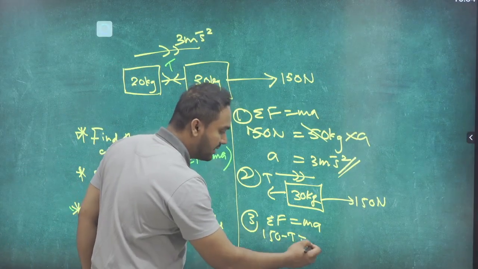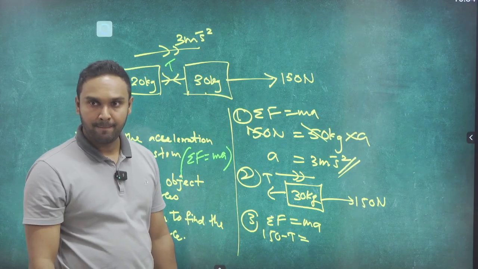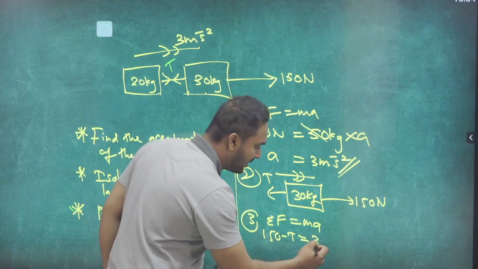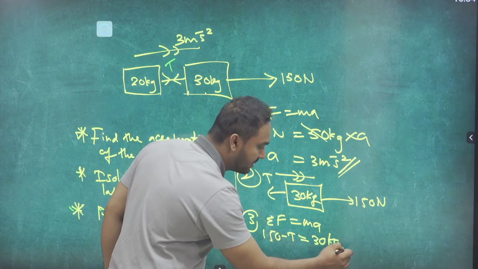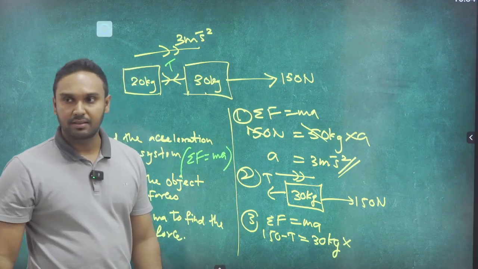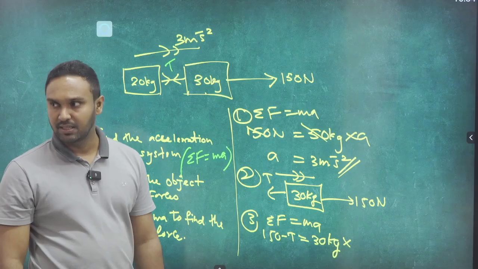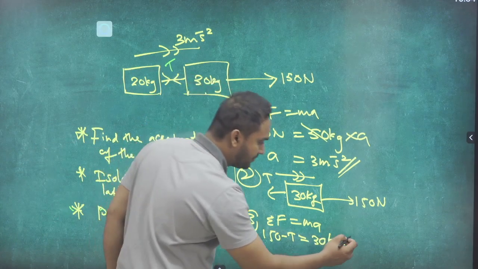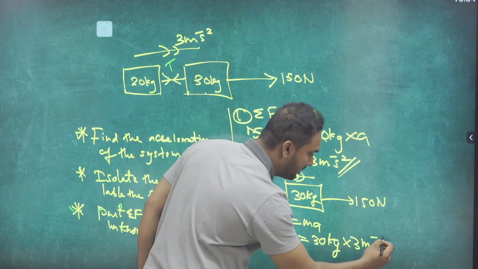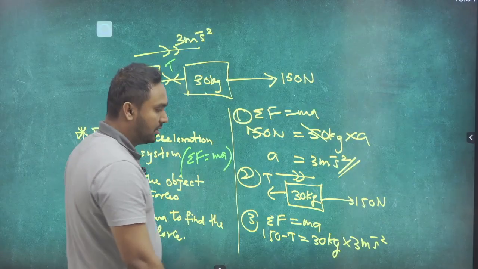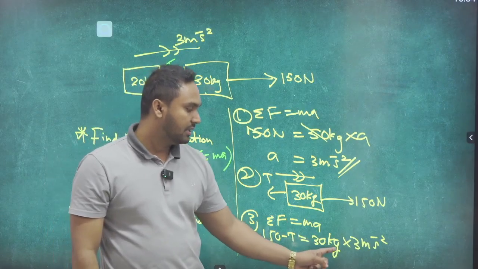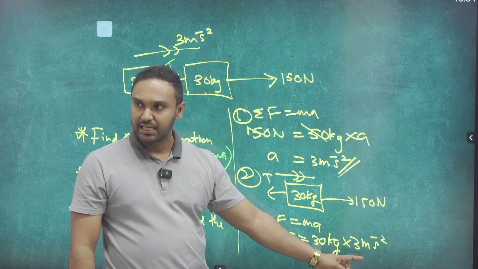And what is the mass? 30 kilograms. And the acceleration of that mass is the same acceleration of the system. 3 ms minus 2, right? So you have to simplify this now. 30 into 3 is 90.